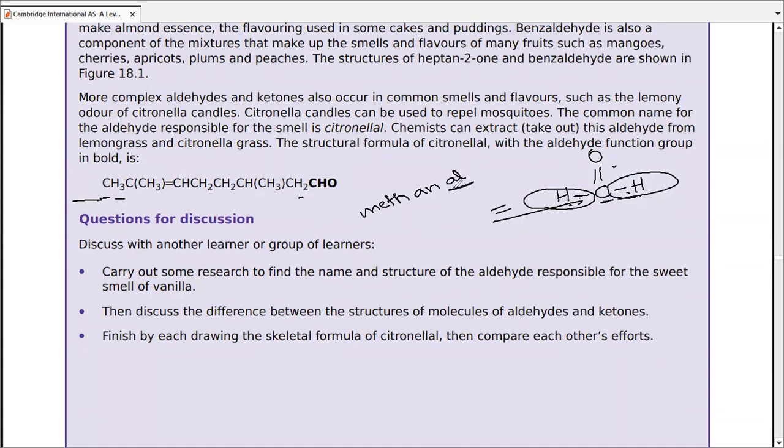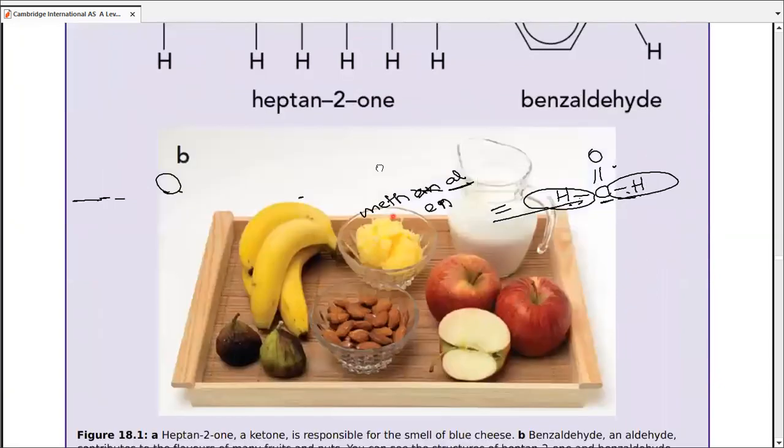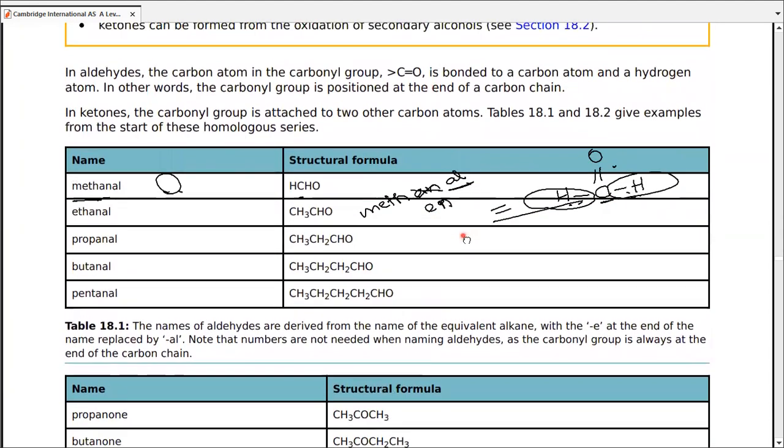Of course, the suffix is going to be there, but it won't be "an". It will be "en" because of the double bond. So this gives us the idea of how the chain or the broken parts of the name act. So I hope you understand how and why we put this "an" before the suffix "al" in these cases.